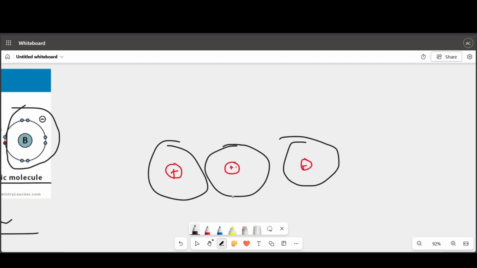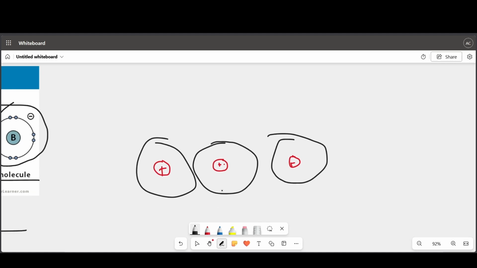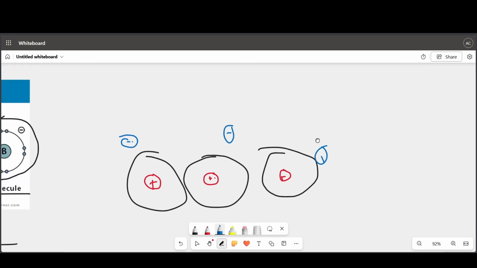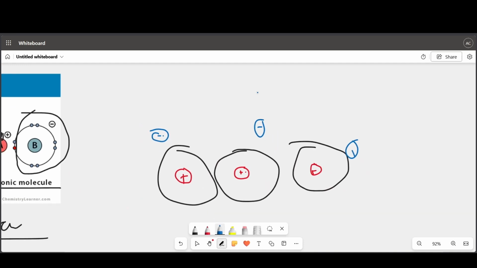Okay, so these delocalized electrons can actually be attracted to these ions, and for lack of a better word, they're just mingling with each other, and that creates a metallic bond.